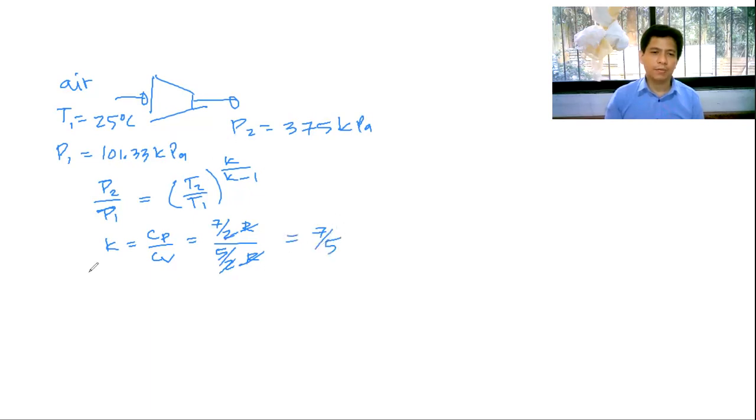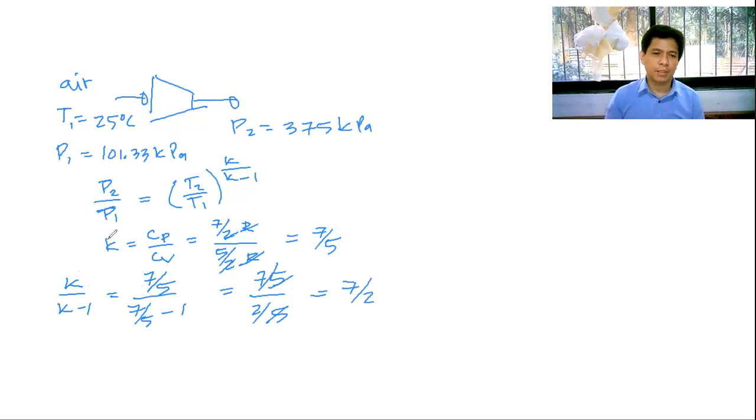Tapos, calculate na natin tong K over K minus 1. So, K divided by K minus 1. This is 7 over 5 divided by 7 over 5 minus 1. This will give us 7 over 5 all over 2 over 5. Cancel itong dalawa. We have 7 over 2.